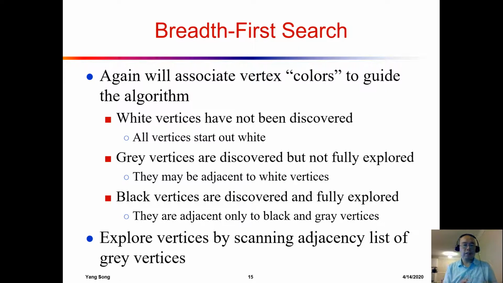The definition of this algorithm is that if we are coloring a vertex white, then it is an unvisited node yet. To start this algorithm, all the vertices are colored white. And then the gray vertices are discovered vertices, but they are not fully explored yet. And after we have fully explored a vertex, we will color that black.